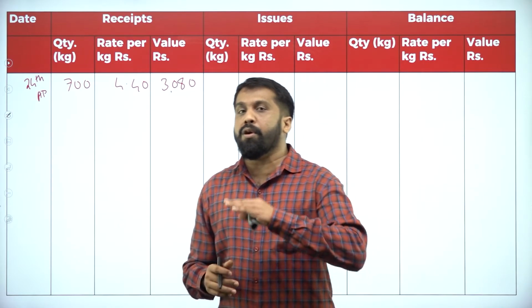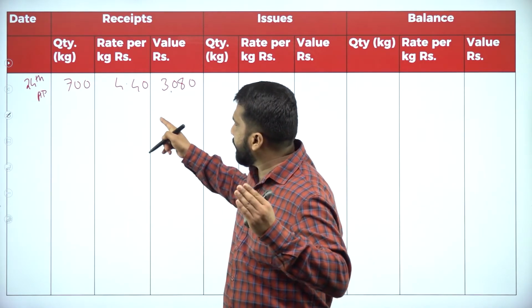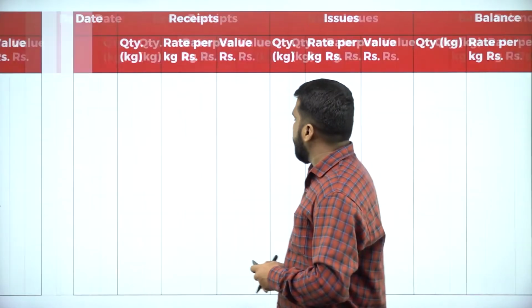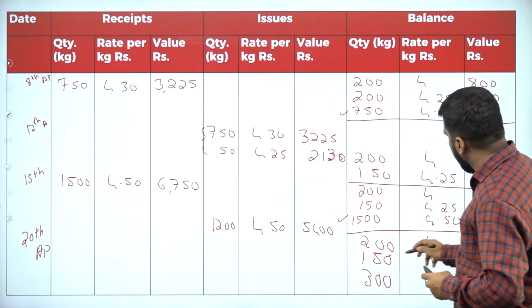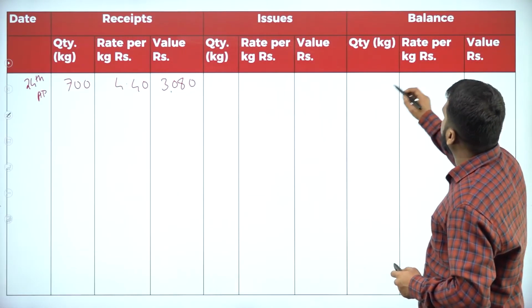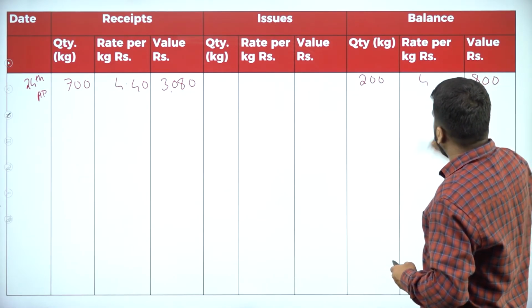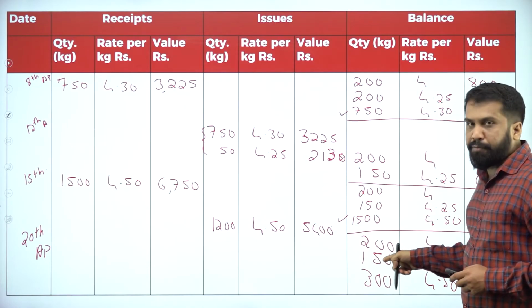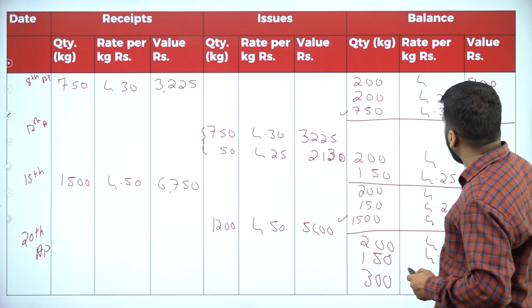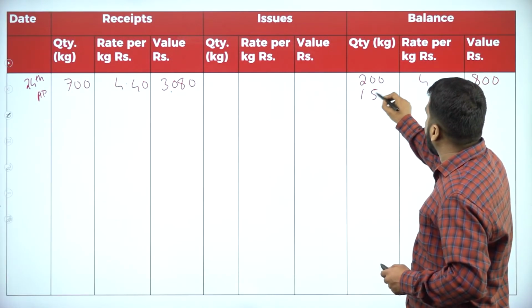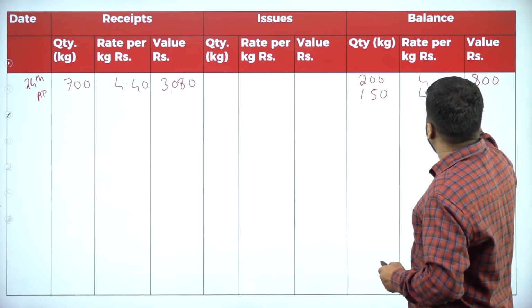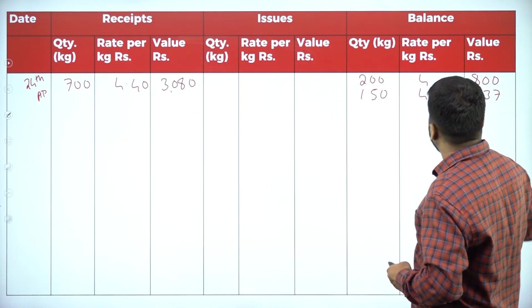We should copy all the old ones, then we have to add this addition. I'll go back. So you have 200 into 4, 800. Then we have 150 into 4.25, 637.